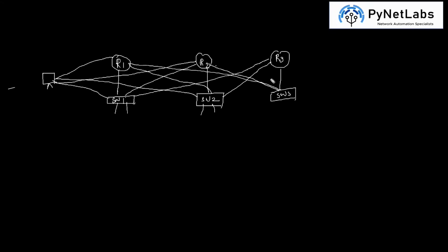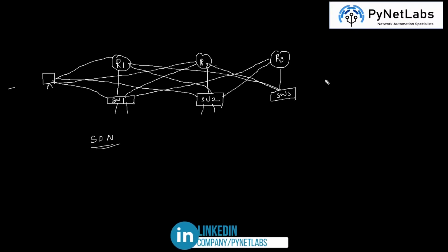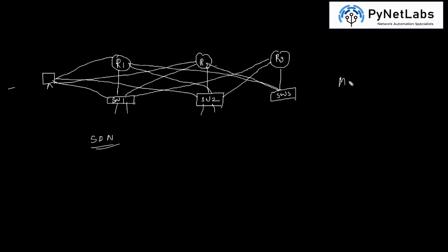Now, when SDN was introduced, the sole purpose was to make data forwarding better. But when we observed the requirements of the network, the need of production, management can be considered as the need of production, right?